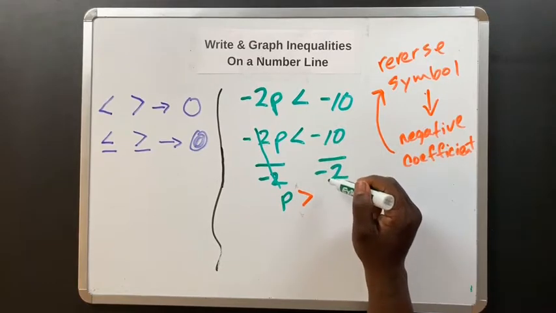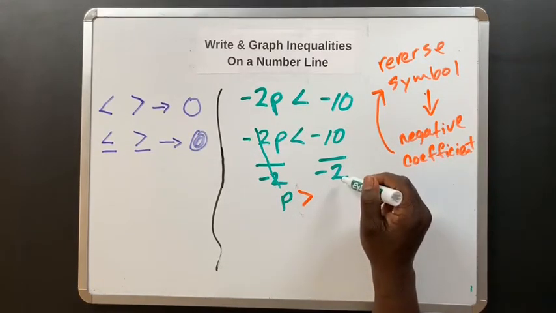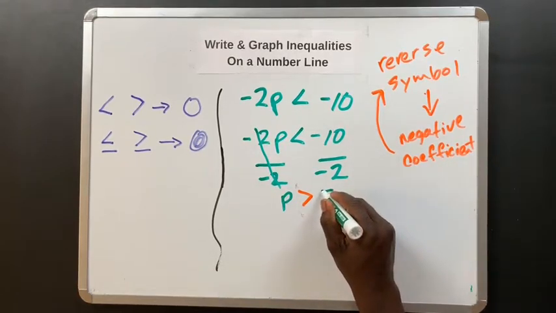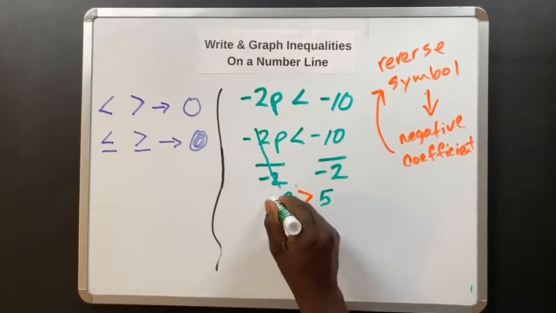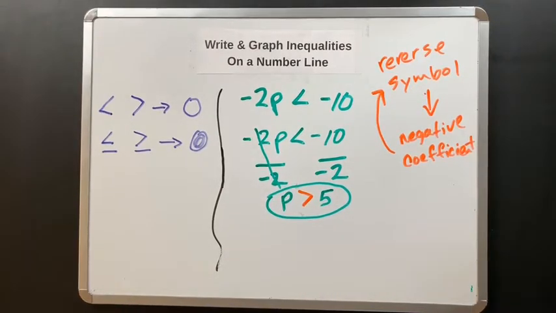Negative divided by a negative is a positive. 10 divided by 2 is 5. This is our answer. Okay? Now let's graph it.